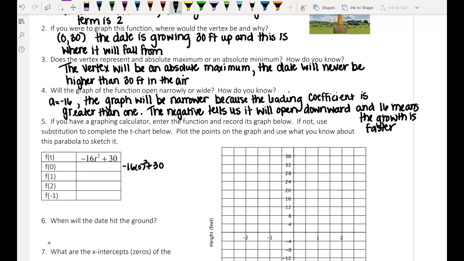And 0 plus 30 would be? All right, for f of 1. Jack, what would I get for f of 1? We would get 14.